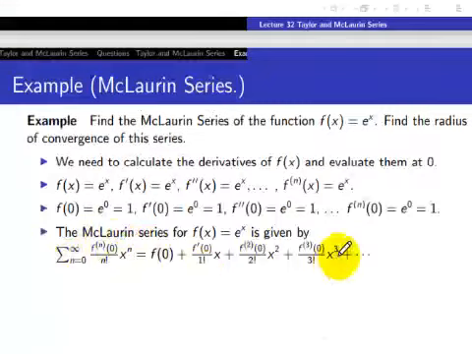This is a special type of Taylor expansion because here we consider the expansion around 0, and it is called the Maclaurin series for this function.